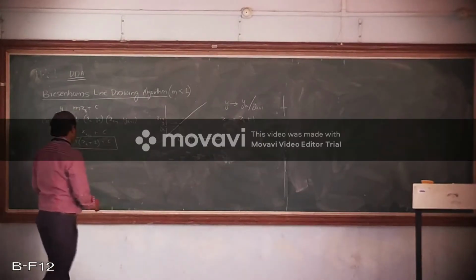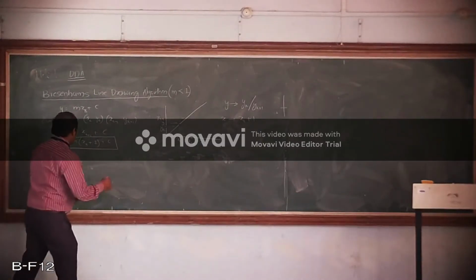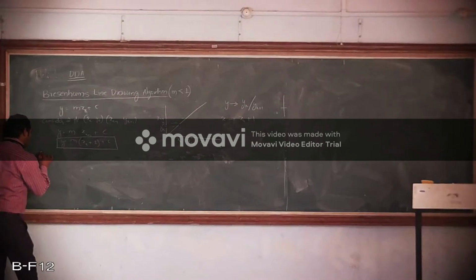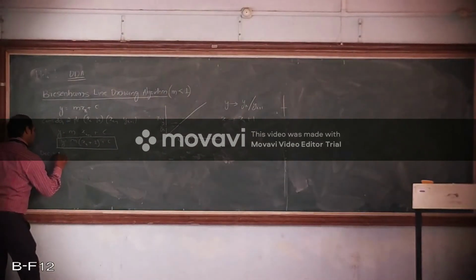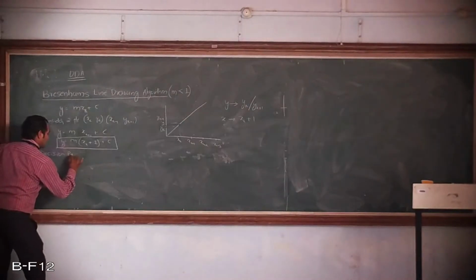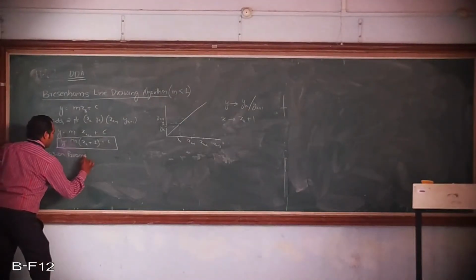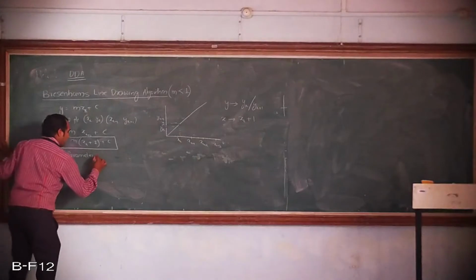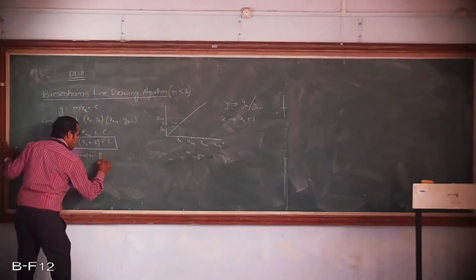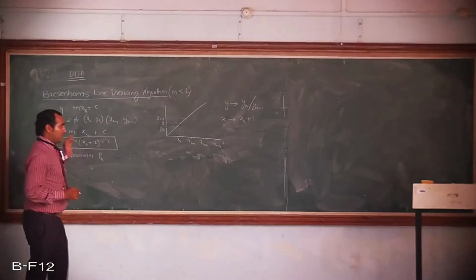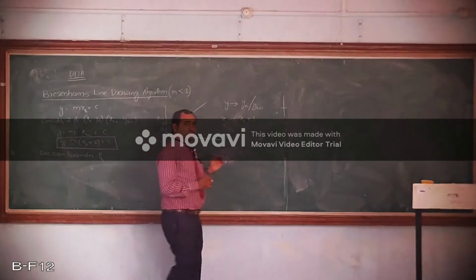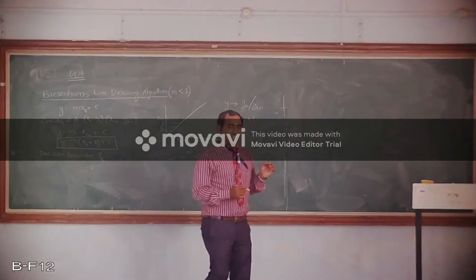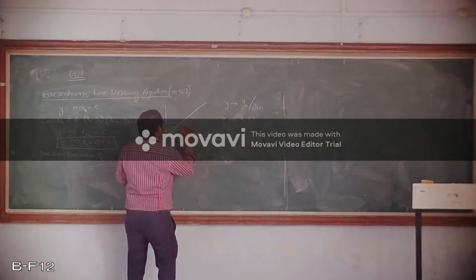So here we are using an important term called the decision parameter. The notation used for the decision parameter is P suffix k, Pk.